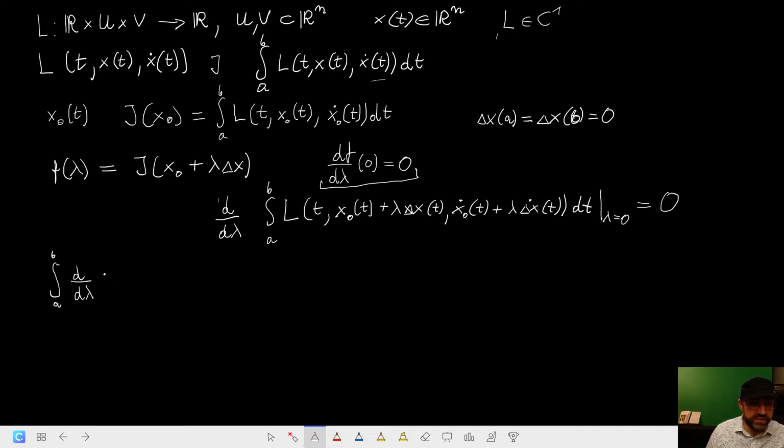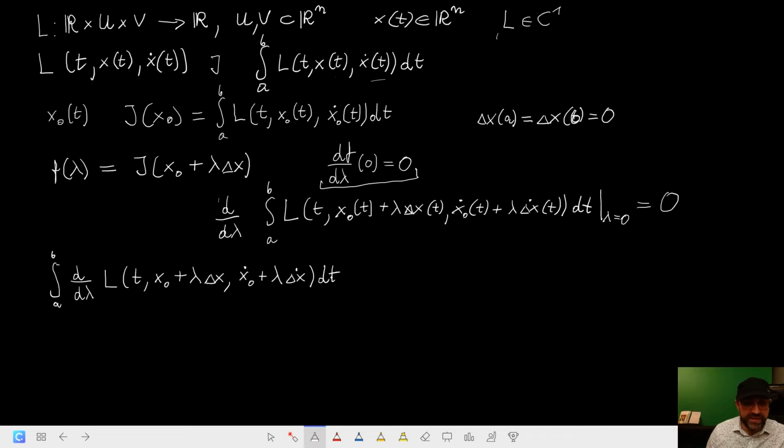Now you will excuse me, I will stop writing t with x0 and delta x, but remember all the time this is a trajectory, so this t is there. We just don't write it just to simplify our equations.